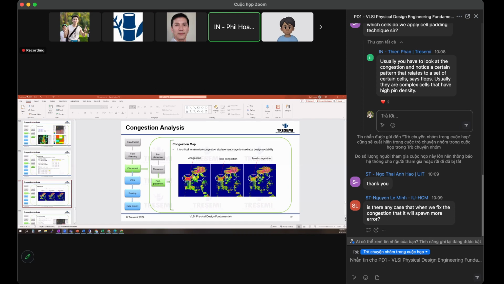Okay, the next comment is from Ting. It's the same thing that Ting said. Thank you, Ting. Sometimes you can just set the max placement density in a certain area, and that might do the job as well. So cell padding is not the only weapon. Sometimes it's design dependent, and you try different techniques and see at the end what gives you the best results.